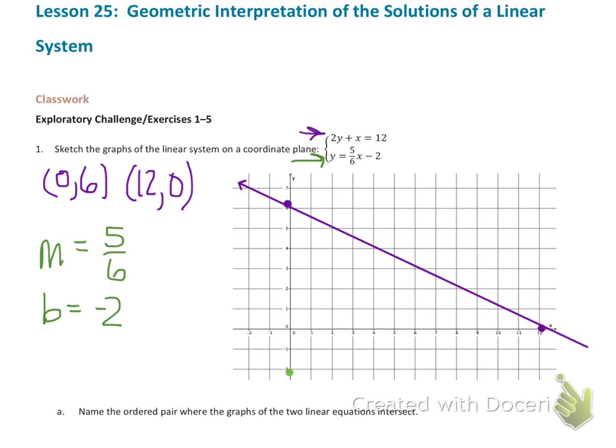If I go over 6 and up 5, 1, 2, 3, 4, 5, I can find my next point, which, oddly enough, is a point on the other line. That's kind of a good thing. So I can graph my line right through there.